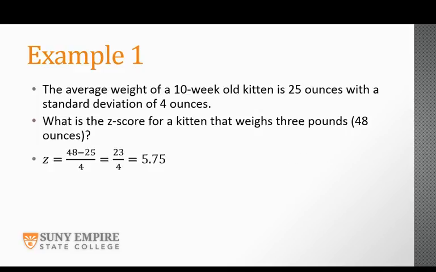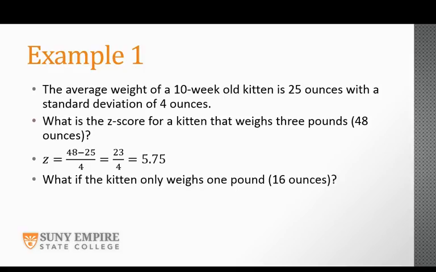To find z, we have to subtract the mean and divide by the standard deviation. We have the quantity 48 minus 25 divided by 4. So a kitten weighing 48 ounces is 5.75 standard deviations above the mean.